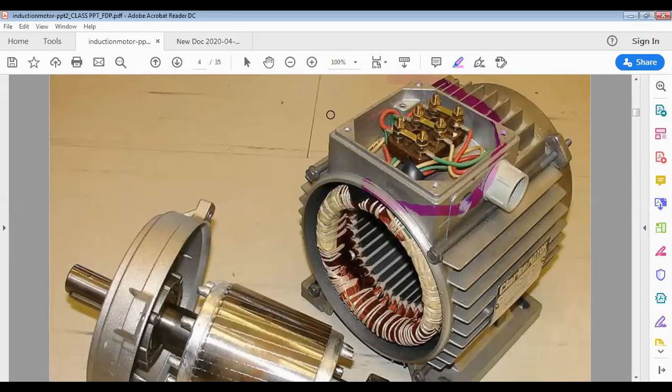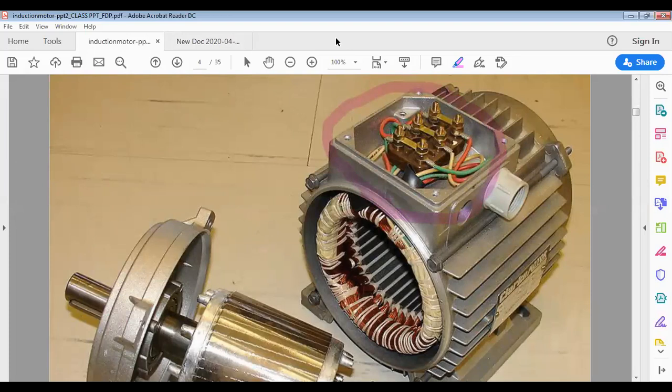So what is this circular portion I highlight, what is it? Yes, all of you I think can see the PDF, right? Whatever the portion I circle over here, what is it? Terminal box. Very good. Okay, so in the terminal box, all of you can see 6 terminals are there.